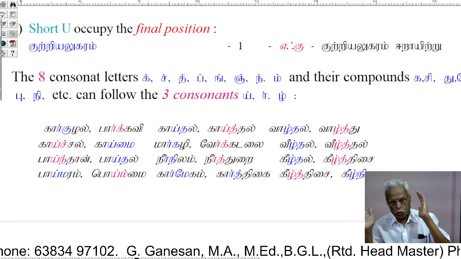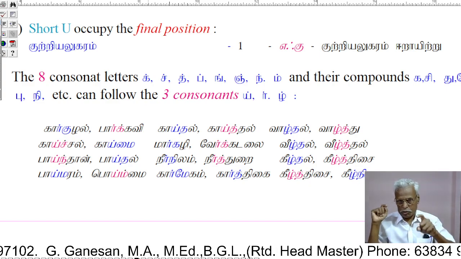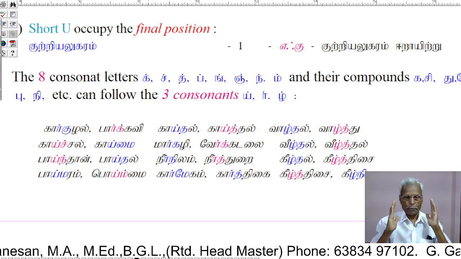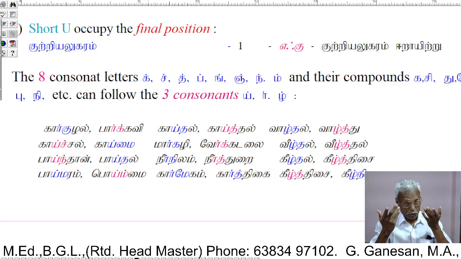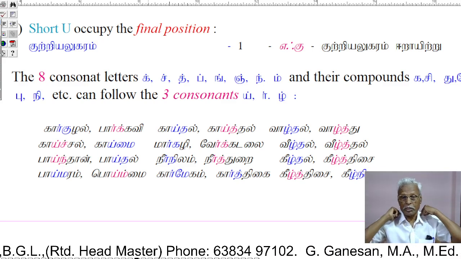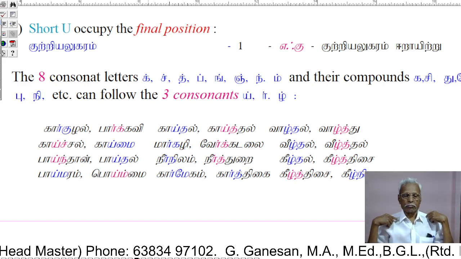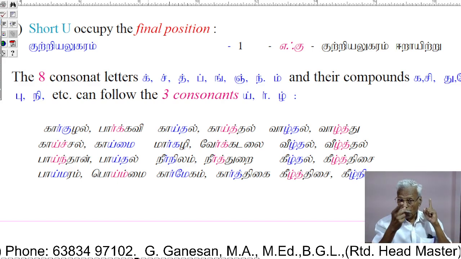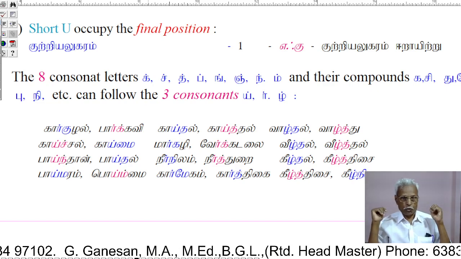Then the following consonants should be any one of the 8 consonants I have mentioned here. This is the special rule. It is the special rule formed because of the grammar of articulation. Grammar of articulation tells us only these 18 consonants could follow these 3 consonants, e, r, l.